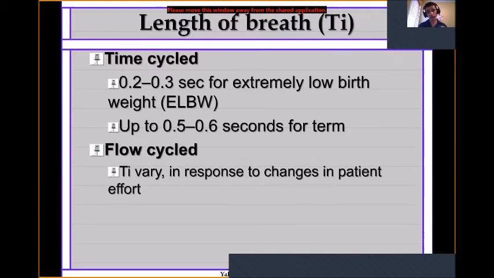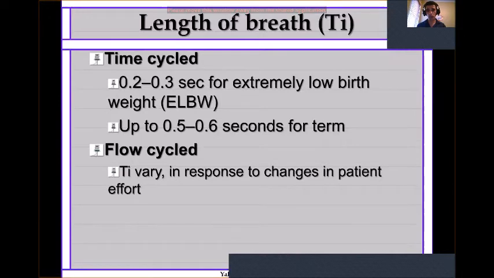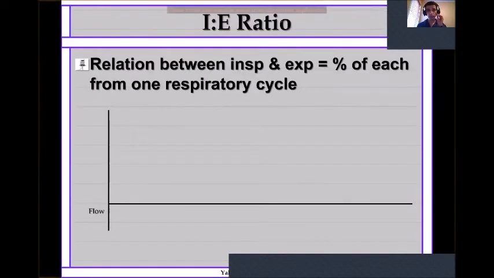So you have to select which one you use, time cycle or flow cycle, depending on the patient. For example, if you have a sedated, paralyzed patient, you go with time cycle. But if you have an active patient, asthmatic, and you need to minimize the sedation, you go with the flow cycle. And of course, you need to monitor it.